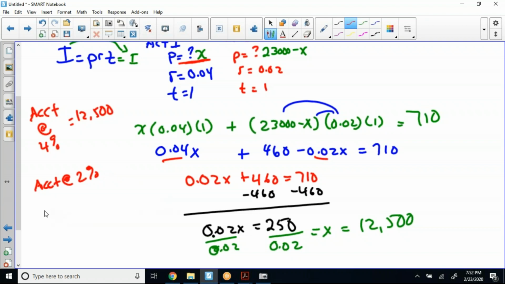And we get a total of $10,500. So that's kind of what you do on that one. And you'll have one that has simple interest or linear. I'd make sure I could do that.